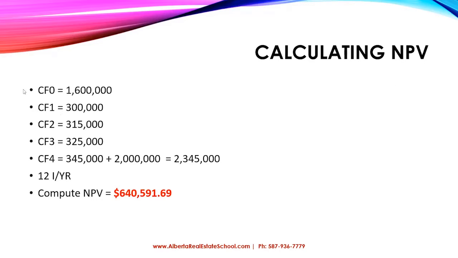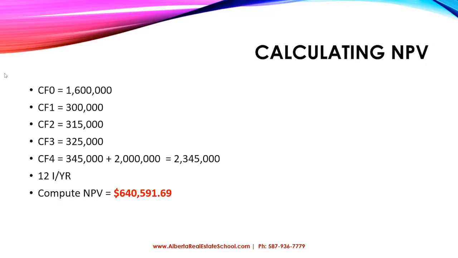So first, we need to figure out the different cash flows. In this case, we will use our HP 10B2 financial calculator. Our first cash flow is $1.6 million, and this has to be negative because this is the money that we are putting out. This is the cash outlay. So cash outlay would be negative and cash coming in will be positive. And then the second is the income that we are getting in the first year.